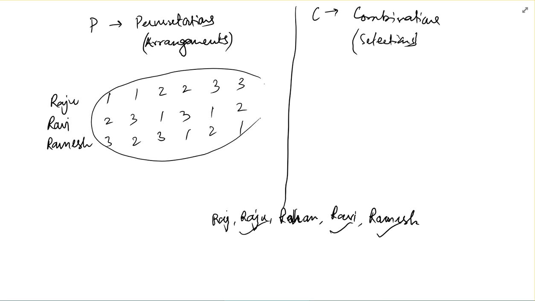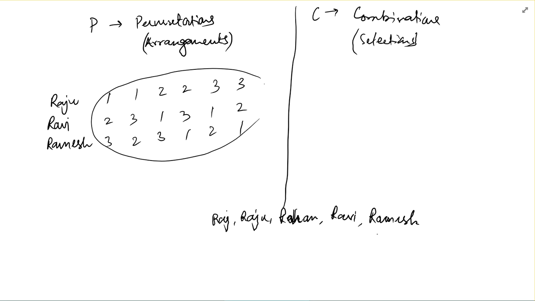And in the second scenario, if I have to pick 3 students out of these 5, and I have to tell them to go somewhere and bring something, then there is no order required.